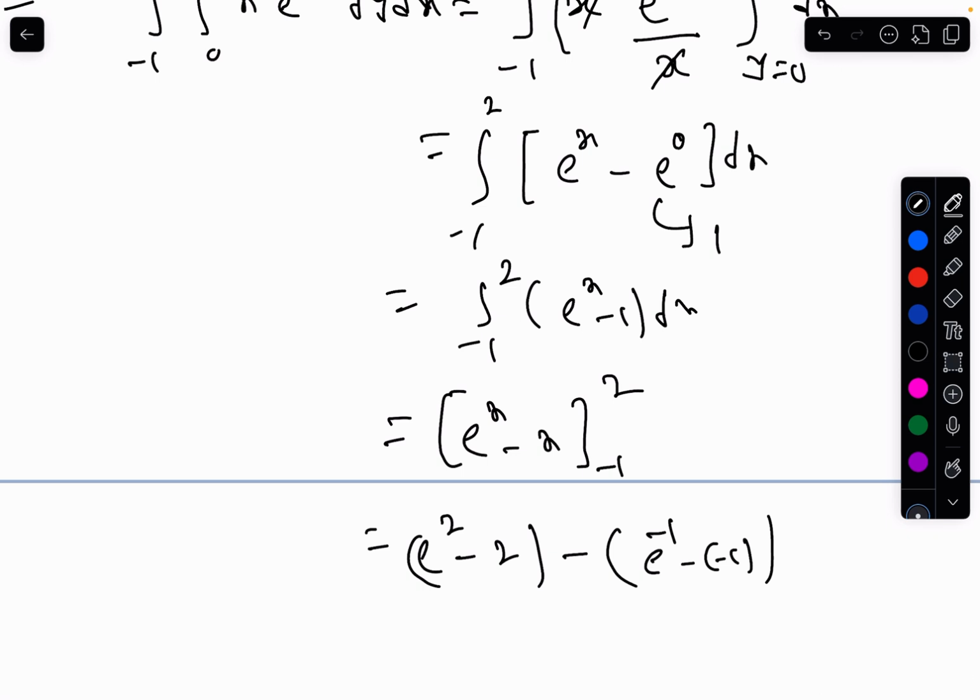So this is equal to e power 2 minus e power -1, this is -2, and this is again -1. So -3. This is the answer.